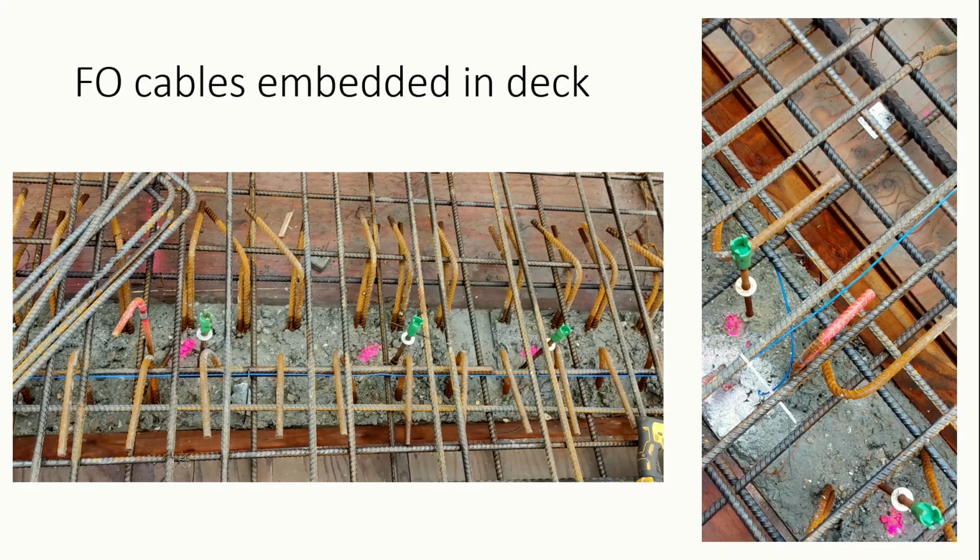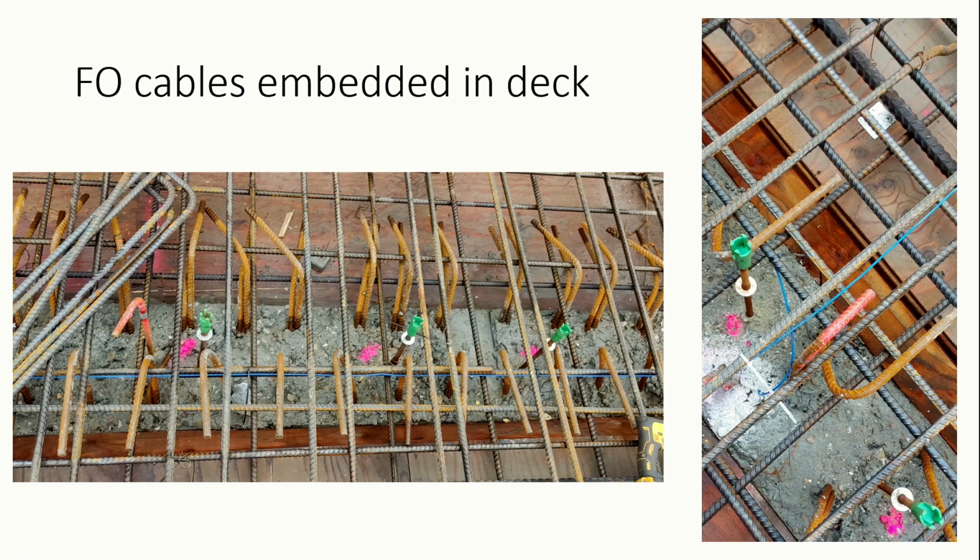Here are some images of the cables inside the structure during the construction of the bridge. You can see that the cables are in the same direction as some rebars, before the pouring of the concrete. One key advantage of this distributed fiber optic sensing is that it's lightweight and compact, so it doesn't affect the concrete.